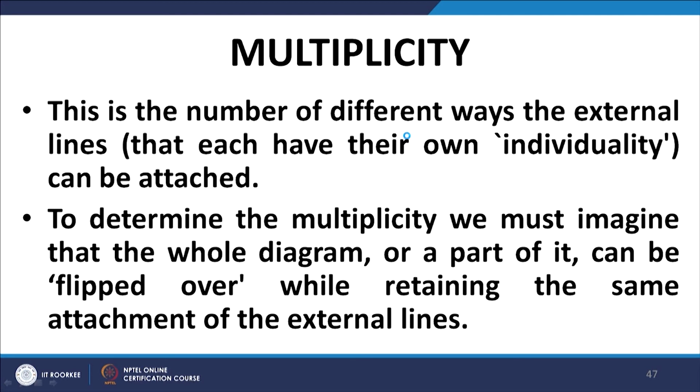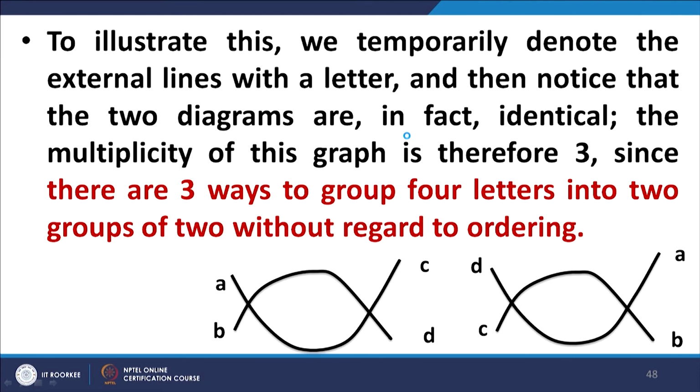For example, let us look at the diagram which is shown here. Now, here we have the 1, 2, 3, 4 external legs. Let us enumerate them as A, B, C and D. Now, we can group these 4 legs as AB, CD; AC, BD; AD, BC.